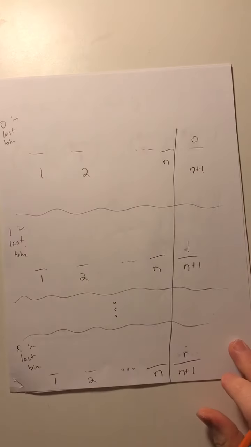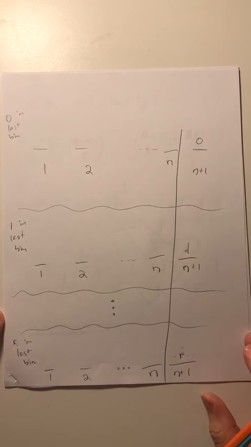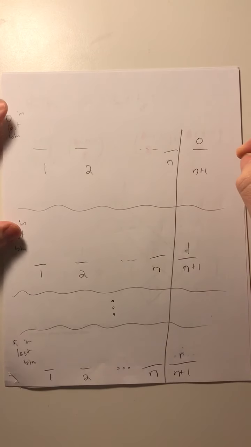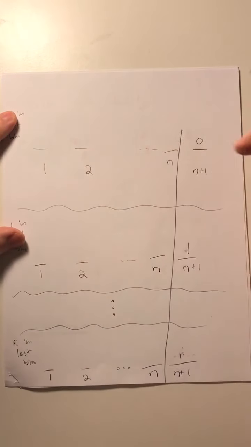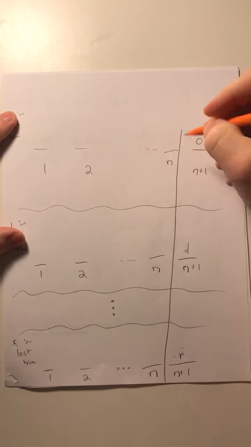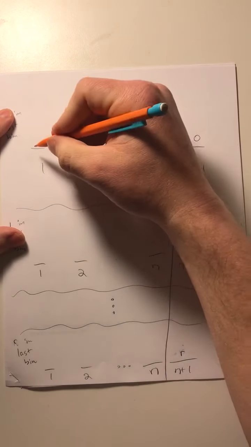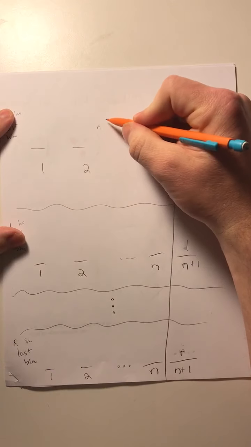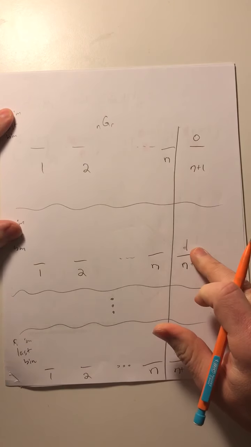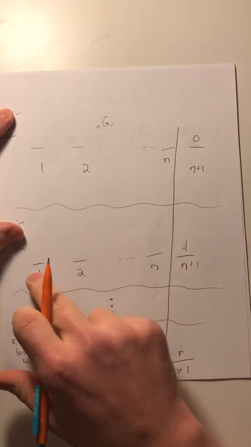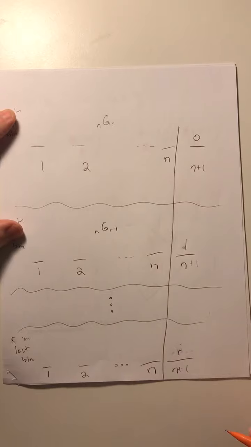Well, so let's say I have N plus 1 bins. So I go to the last bin and I can put 0 balls in it. And in that case, I have to put all R of the balls in the previous N bins, right? So if I don't put any balls in the N plus first bin, then I have to put all R of them in these bins, and there are this many ways to do that. Okay. Or I could put 1 ball in the last bin, and then I have R minus 1 balls to put in the previous bins, so there are this many ways to do that.